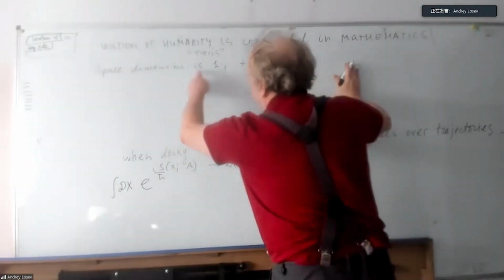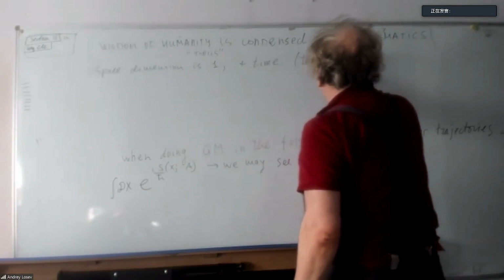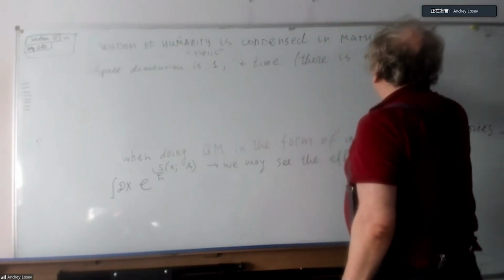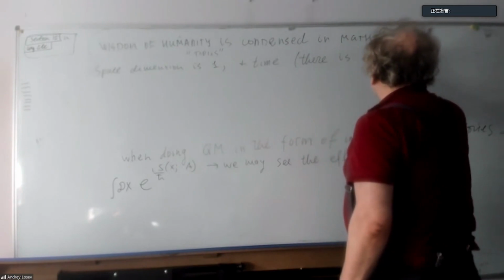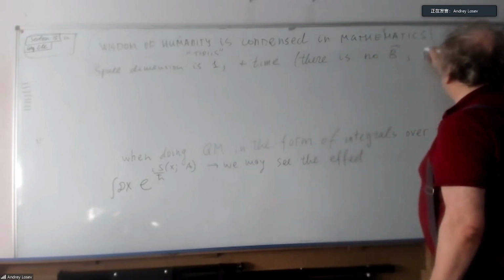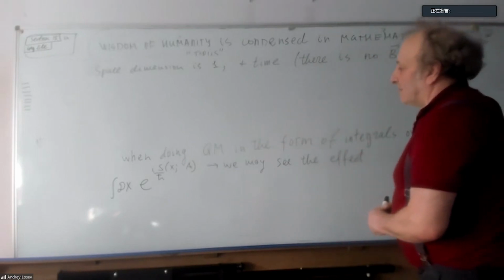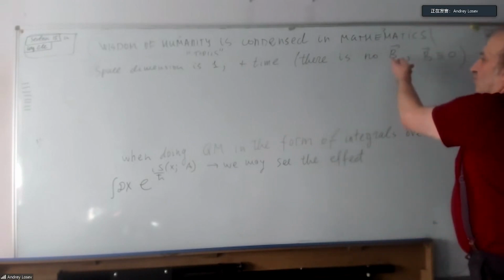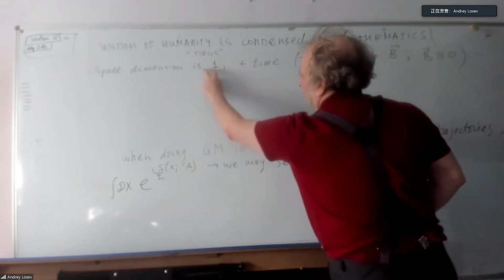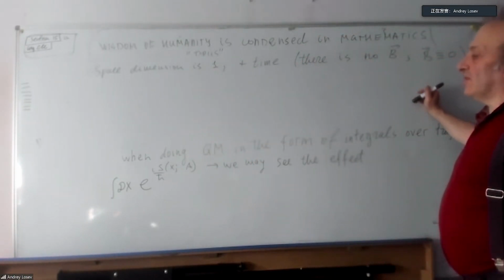When the space dimension is 1, there is no B. It means that B is identically 0, because it's a two-form, and you cannot have a two-form in dimension 1.